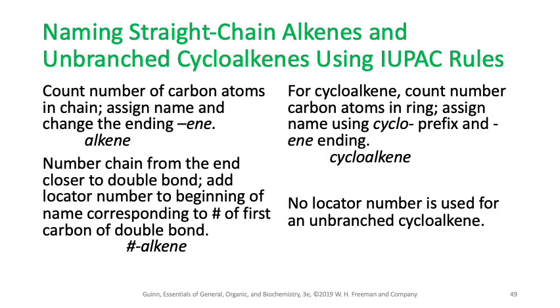Now we're going to learn how to name any alkene molecule using the IUPAC rules, right? As well as the unbranched cycloalkene. So we're going to talk about the naming of both of them, simple alkene or cycloalkene. You can read this from the slide, but we're going to do the actual example on the next slide, and then I'm going to tell you how to name any alkene molecule. So let's go to the next slide.